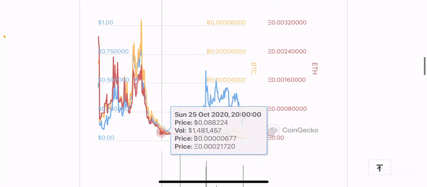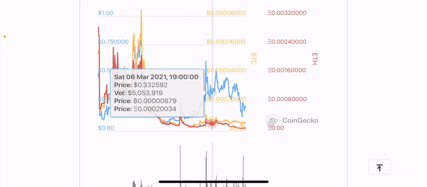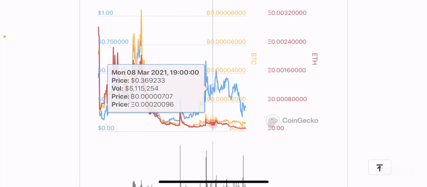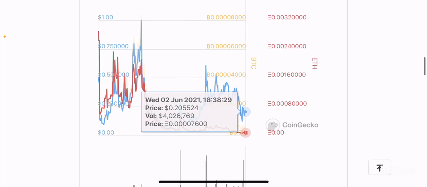After I believe the crash of October 2020, the token price hasn't had any really serious gains. And the Ether comparative is only going lower, currently trading at 7,600 GUI per token, right?